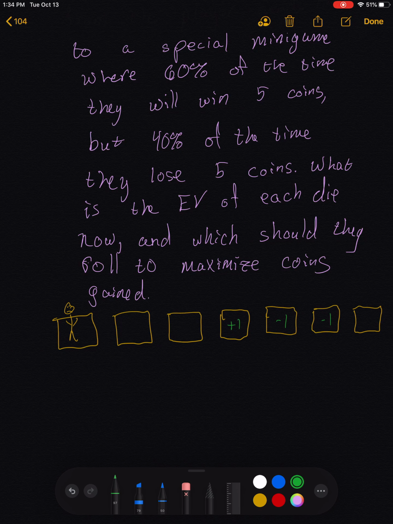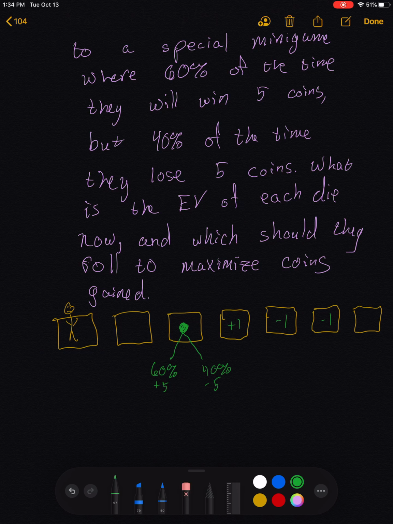And on this space here, and I'm just going to represent the game with a big circle, there are 2 things that can happen.